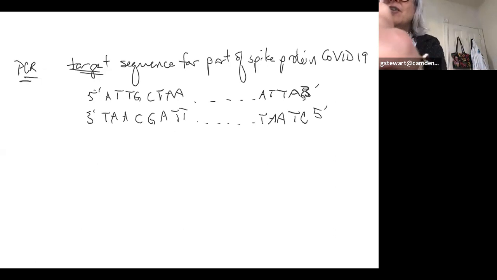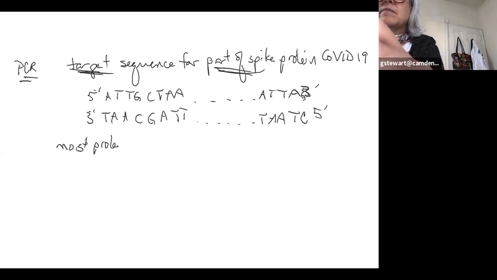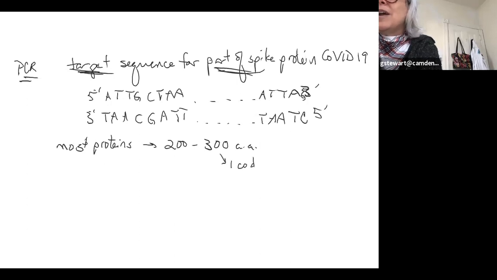And this target sequence piece is part of the spike protein. So remember, most proteins are in the neighborhood of 200, maybe between 1 and 300 amino acids in length, and each amino acid is a codon, and each codon is 3 bases, right?